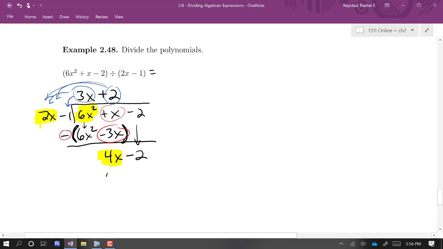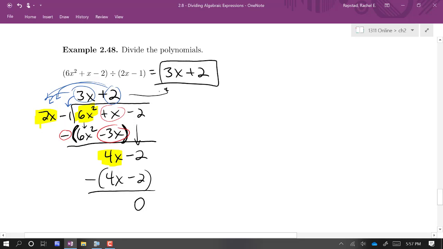So that's 4x minus 2, and I'm going to subtract. Now in this case, 4x minus 2 subtract 4x minus 2 gives me 0. That means that 2x minus 1 goes in evenly with no remainder. So this result is simply this quotient 3x plus 2. And that's where we stop.